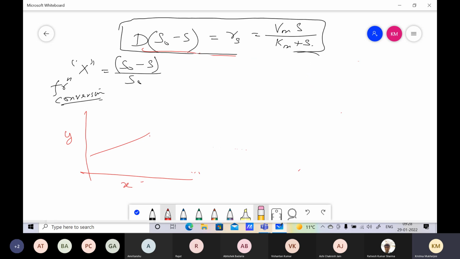Let us say we have a first order reaction: d (s naught minus s) is equal to ks, right? So what do you plot? If you have only s naught and s, then d by k, as I said, is equal to s upon s naught minus s, right?